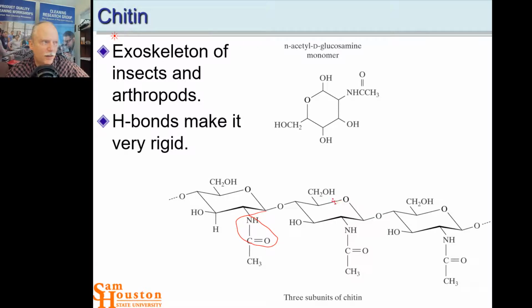And so this acts as the exoskeleton in insects and arthropods. So you can think about that hard shell on a beetle or a roach. And so if you're taking glucosamine, supposedly it's good for your joints and cartilage, but it kind of freaks people out to hear that they're basically eating the ground up insect shell. So hopefully that doesn't cause you to swear off the glucosamine.